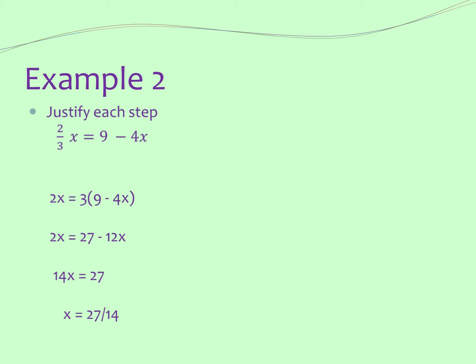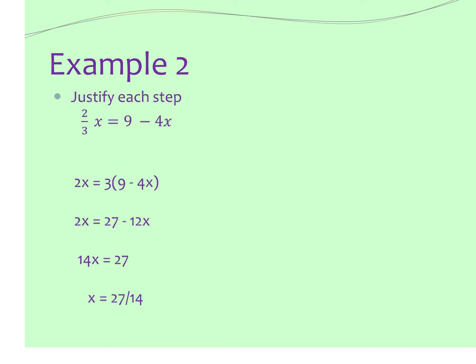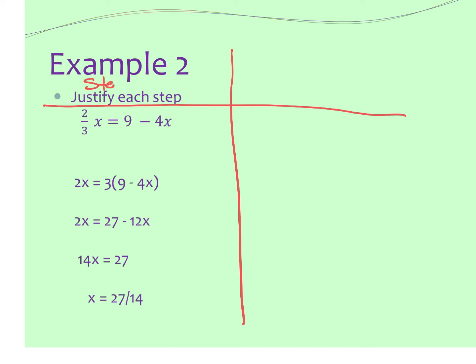So just to show you, and I know there's not a lot of room, this is how we'll set it up. Over here on the left, these are going to be called our statements. And over here, these are going to be our reasons why we put the steps in there. So the first step is going to be given to us. It's going to be the given problem that I'm asking you to solve.